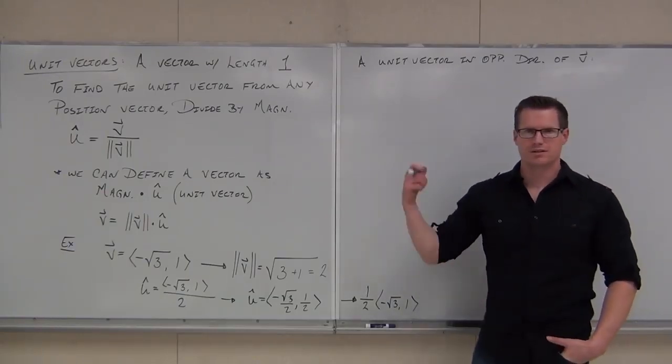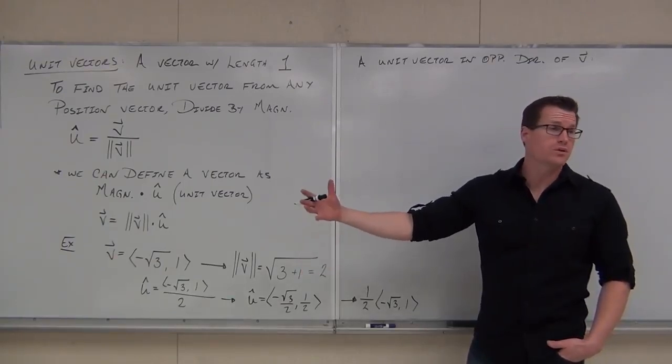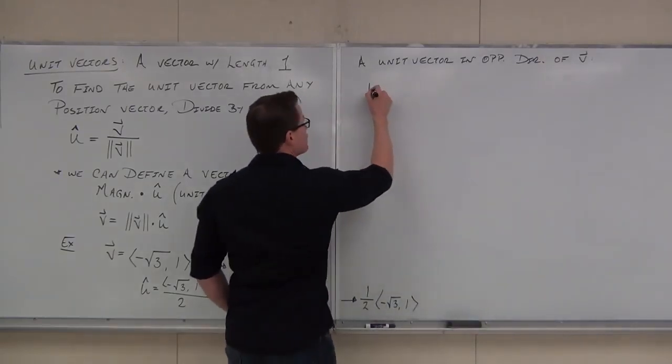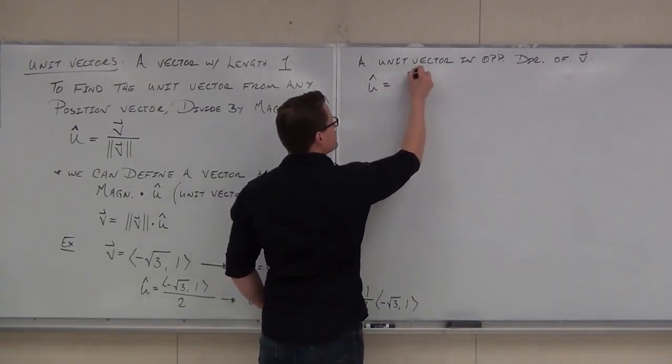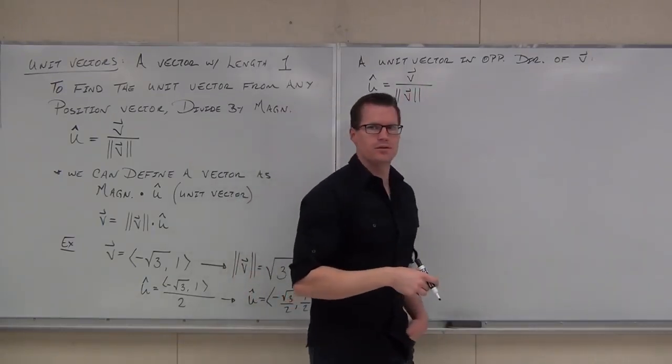Question. Is this going to be a whole lot more work than this one? What do you think? Let's talk about it. Unit vectors take a vector and divide by the magnitude of whatever vector I'm working with.